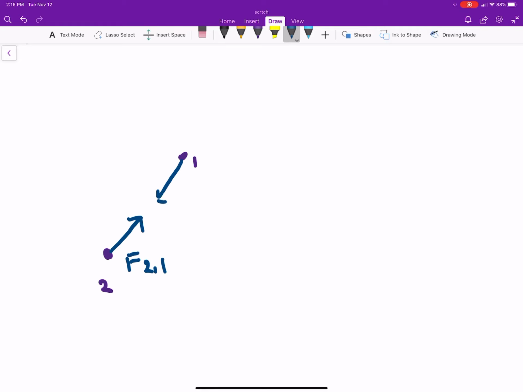It's opposite. It's negative F2 on 1. And these are vectors, so I should draw the little arrows. So what this is saying is F, the force of 1 exerted onto 2, is equal to negative F2 onto 1.